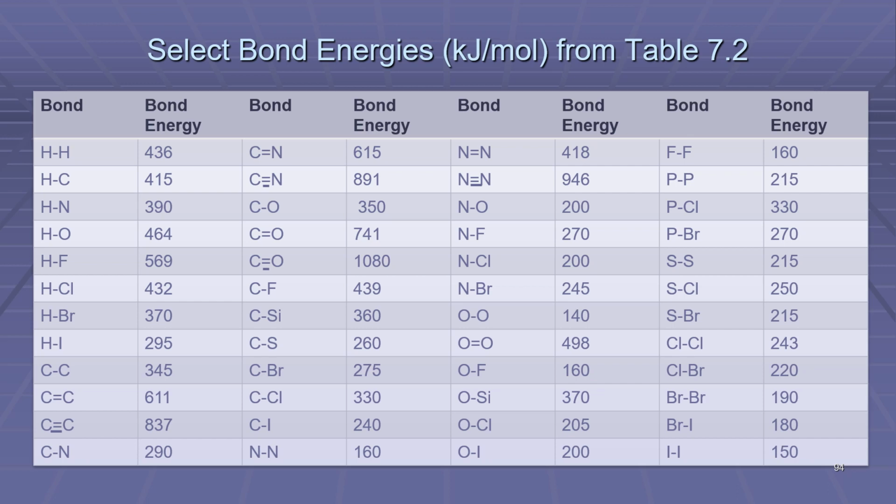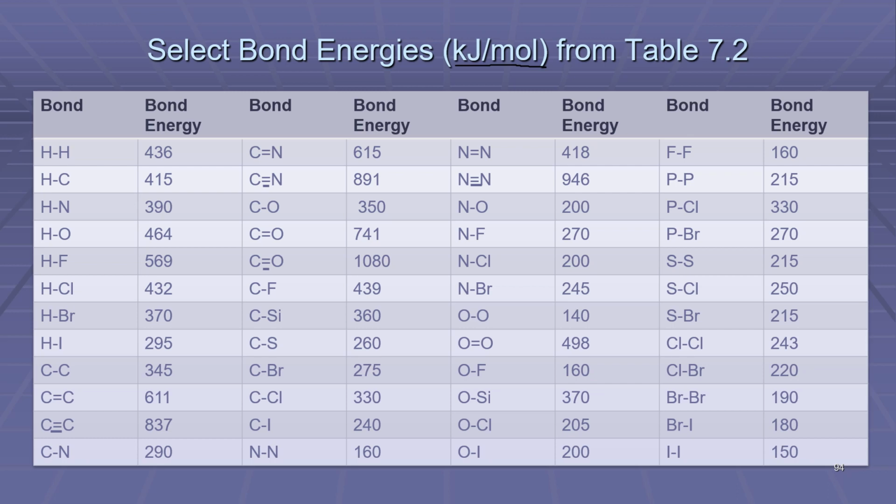You can see here that an HH bond is 436. These are all in kilojoules per mole. A CH bond is 415, a CN bond is 390, and an OH bond is 464.